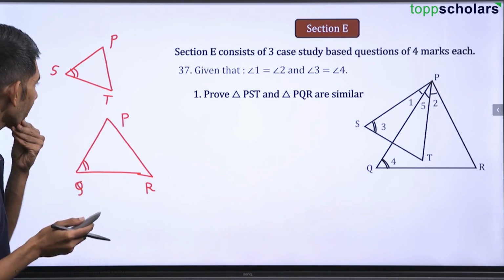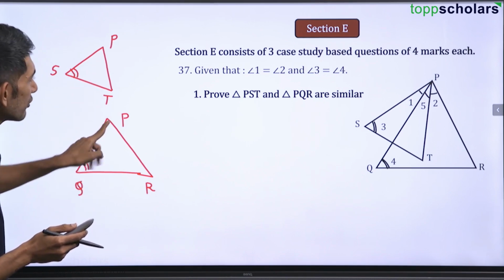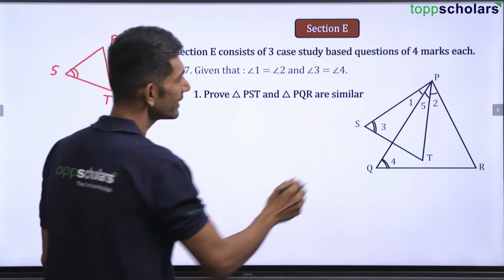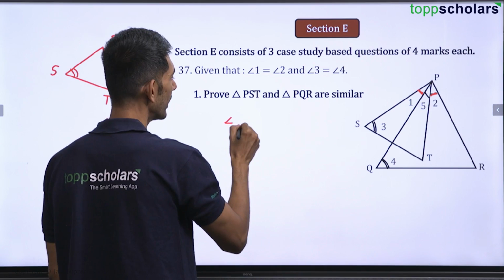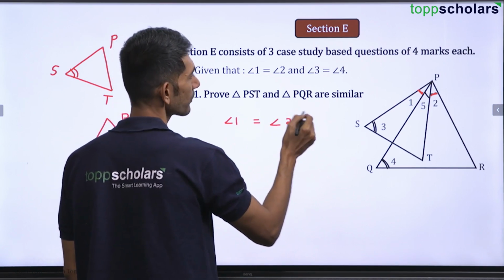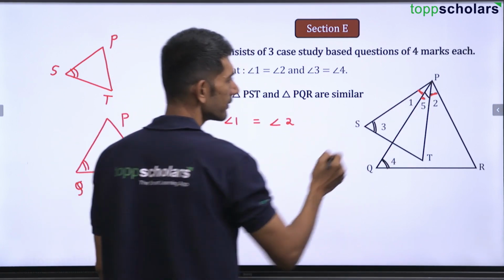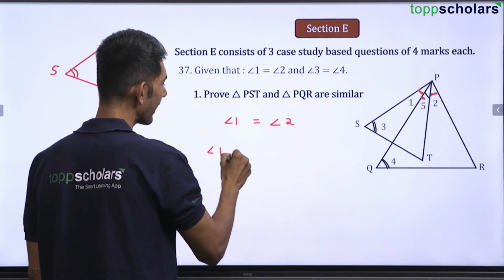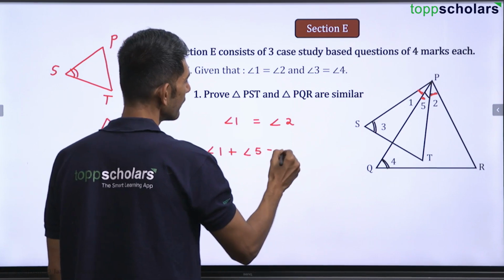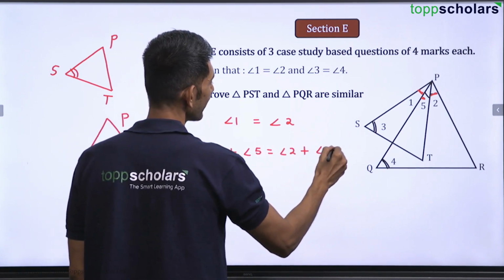This is already equal, so we don't have to worry about that. So what if we try to prove this P and this P is equal? Now observe, it is already given that angle 1 is equal to angle 2. And in the middle there is some part. So what if I add angle 5 on both the sides? So angle 1 plus angle 5 will be equal to angle 2 plus angle 5.